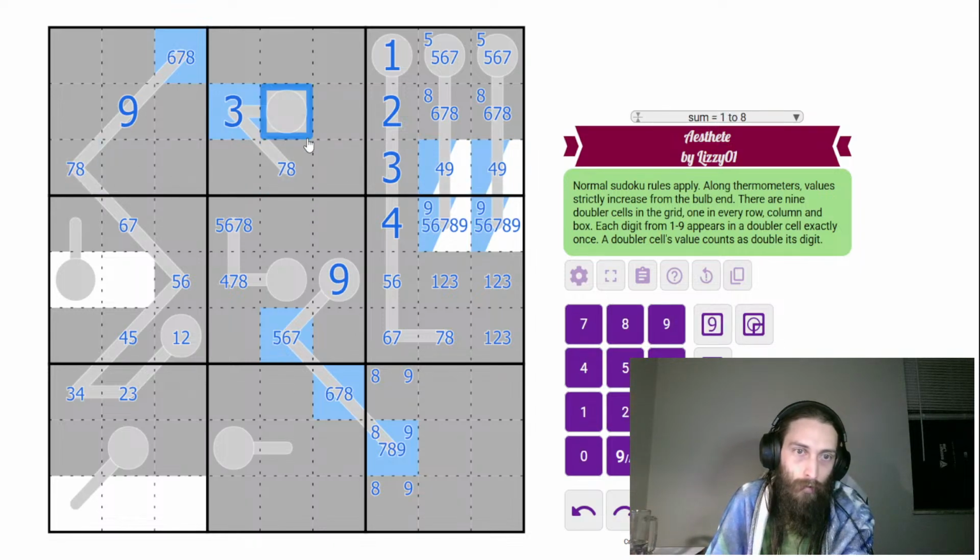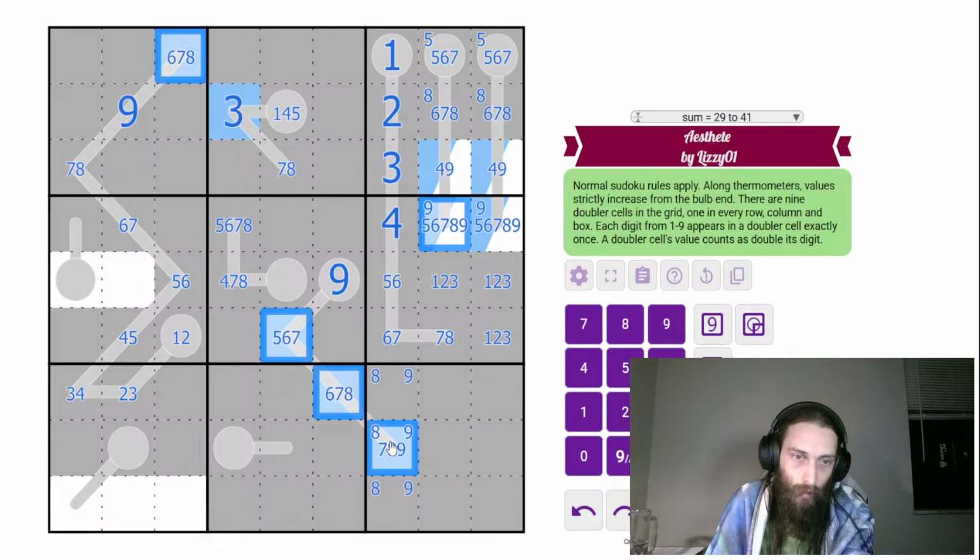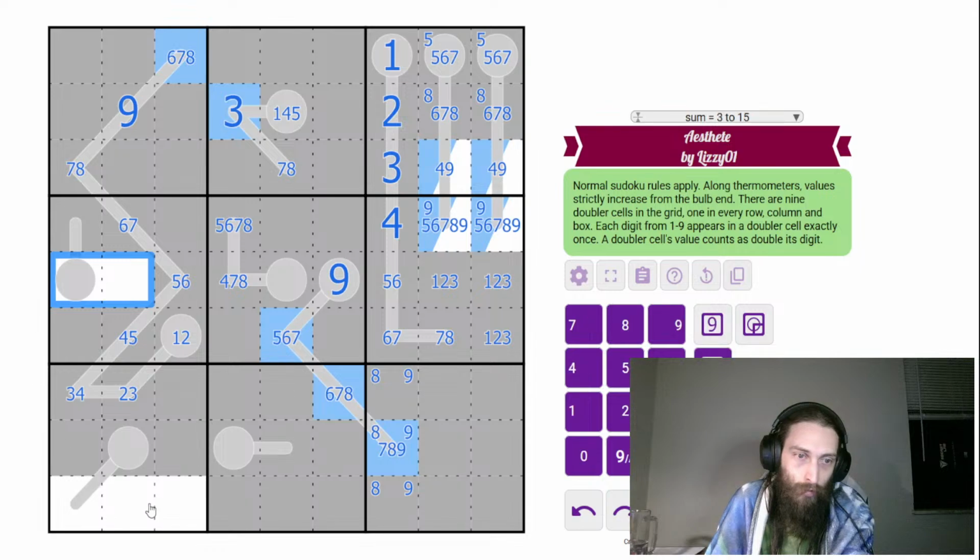7, 8 pair. This bulb has to go all the way up to 5. Oh, right. I forgot about the doubler in it. Jiminy Christmas. 5, 6, 7, 8, 9, and 4.